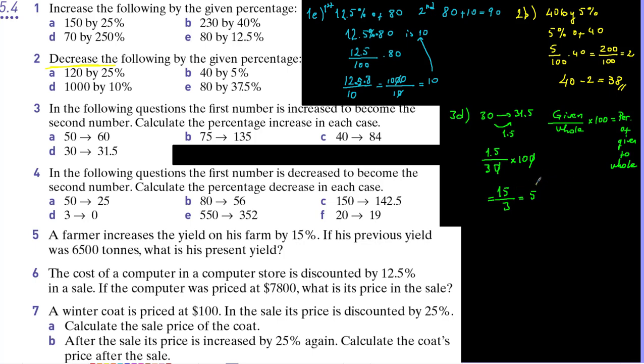So the number that you are finding, this is important, ladies and gentlemen, is giving us the percent, which means that this is 5% of the given. So 1.5 is 5% of 30, and that is the answer.